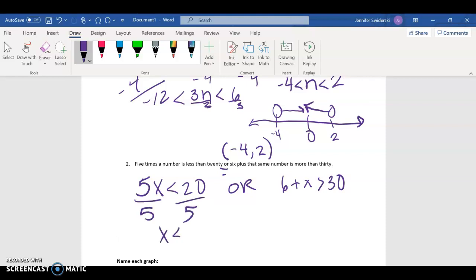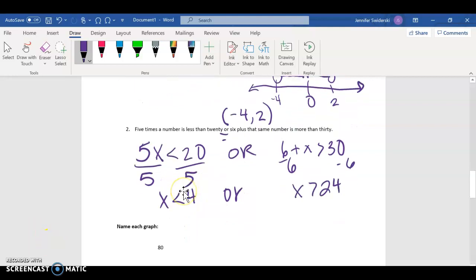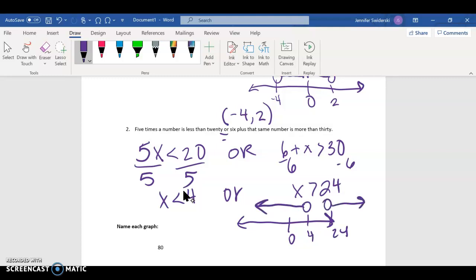We get x is less than 4, or I'm going to subtract 6 on both sides, we get x is greater than 24. So when I graph this, we'll have 0, we'll have 4, we'll have 24. x is less than 4, or x is greater than 24.